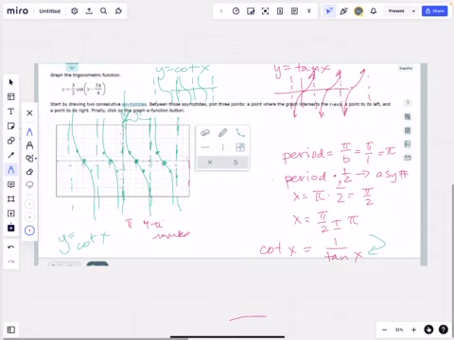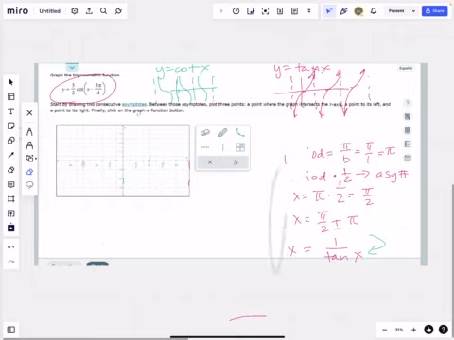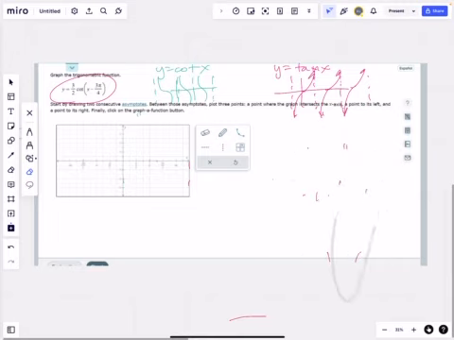Now let's get into actually graphing the function that we're given here. Let's start with the function that has not been translated: y is equal to 3/2 the cotangent of x.